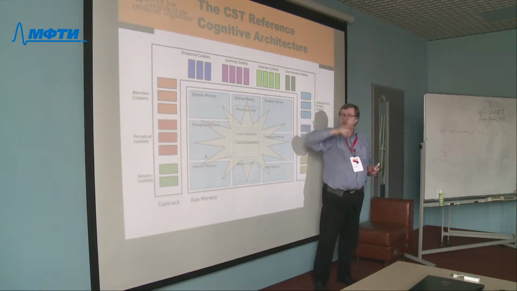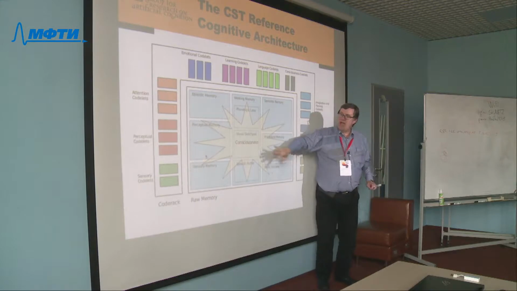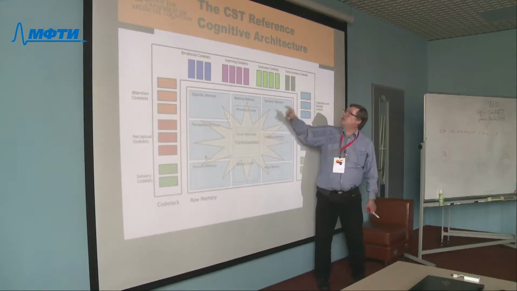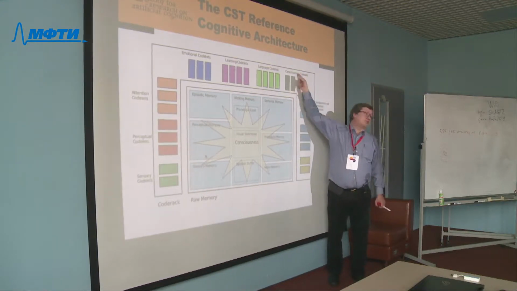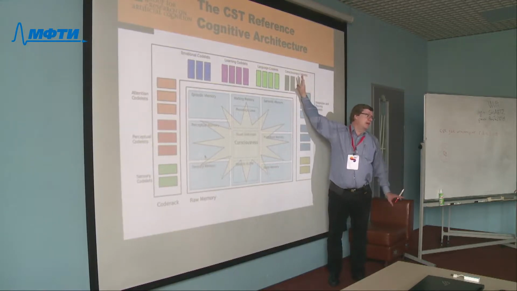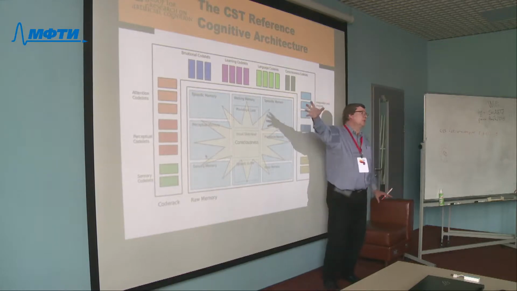So the big star here means that any kind of memory could go to the global workspace and go to consciousness. And it is going to be the role of the consciousness codelet to do that. The consciousness codelet does exactly that. It just decides which part of the memory is going to consciousness.